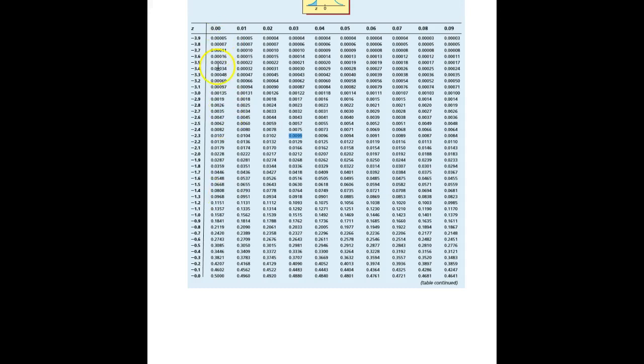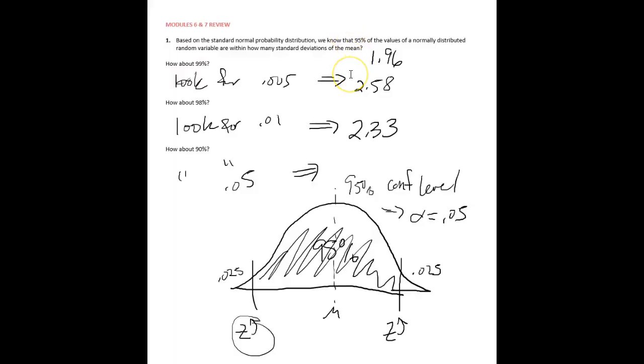And 0.05, walking down here. We're going to pass it there, and then we get 1.65.